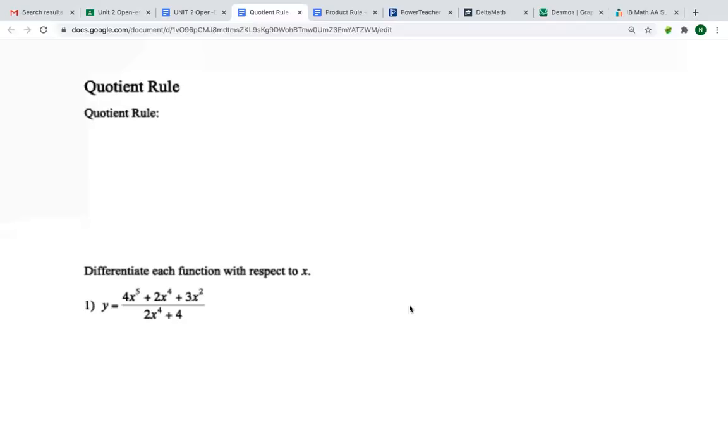Okay, so now on to quotient rule. This is when you have a function written in the form of one thing divided by another. So we'll have a red divided by a blue.